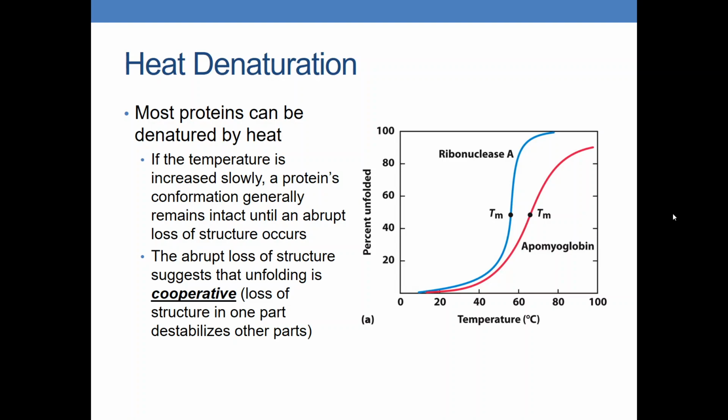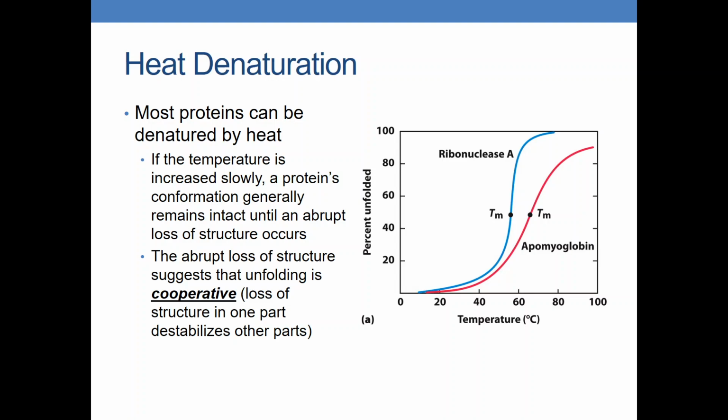The typical explanation for this is that protein stability is directly linked to your non-covalent interactions. So you're probably going to see that apomyoglobin has more, say, hydrogen bonding interactions or disulfide bonds that stabilize it relative to ribonuclease A. To give you an example, many thermophilic enzymes have a lot more hydrogen bonding interactions relative to your mesophilic enzymes that exist at just ambient temperatures.